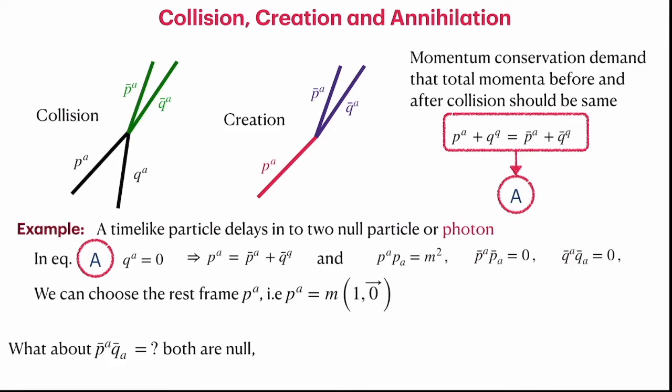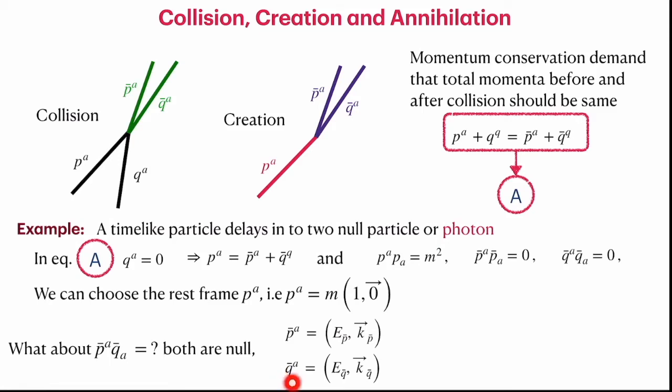We have known that P squared is m squared, Q squared is 0. Then what about P bar^A dot Q bar^A? So this is what we need to know. Then only we can compute the thing. So let's do it explicitly. So P bar^A can be given as E_P bar, the energy corresponding to the null trajectory P bar, and then you have a K_P bar. So that K is a direction along which the P propagates.